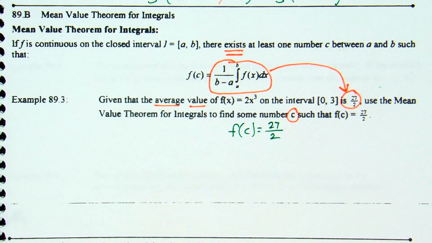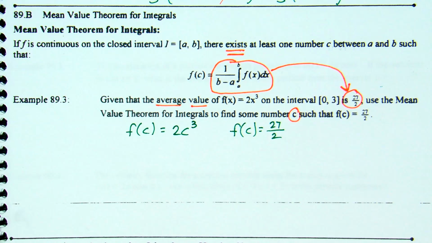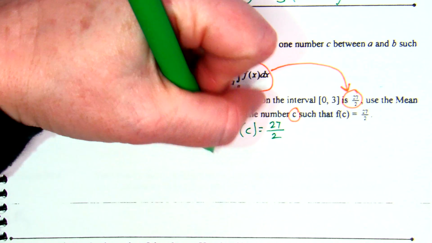We're trying to find the value that makes f of c equal 27 halves. What is f of c? 2c cubed. Because if f of x is 2x cubed, when you plug in c, that makes it 2c cubed. Do you see where I'm going with this?